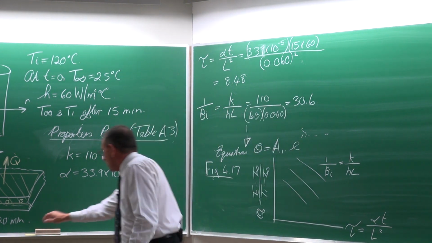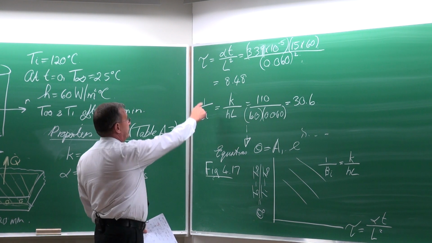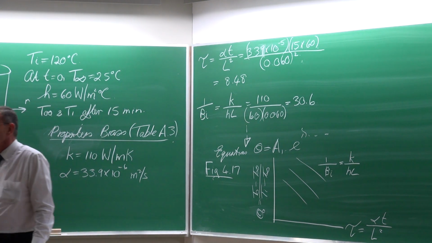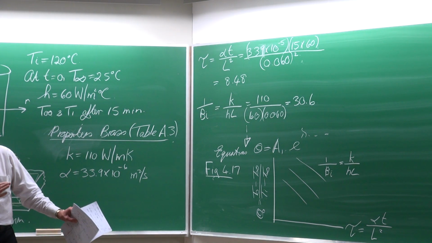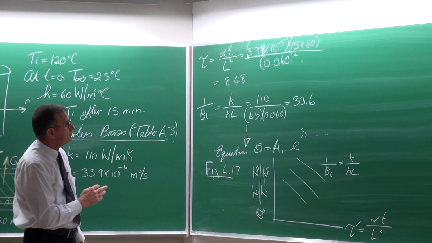And now you can see why I solved it as 1 divided by the Biot number. It's because I knew I'm going to use the Heisler charts.